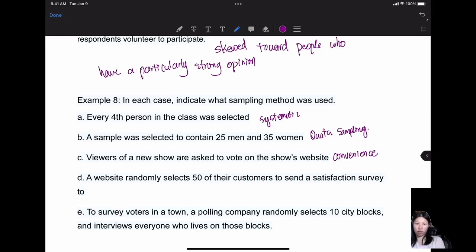You just survey the women. Okay, a website randomly selects 50 of their customers to send a satisfaction survey to. So what would that be? This should be a simple random sample.